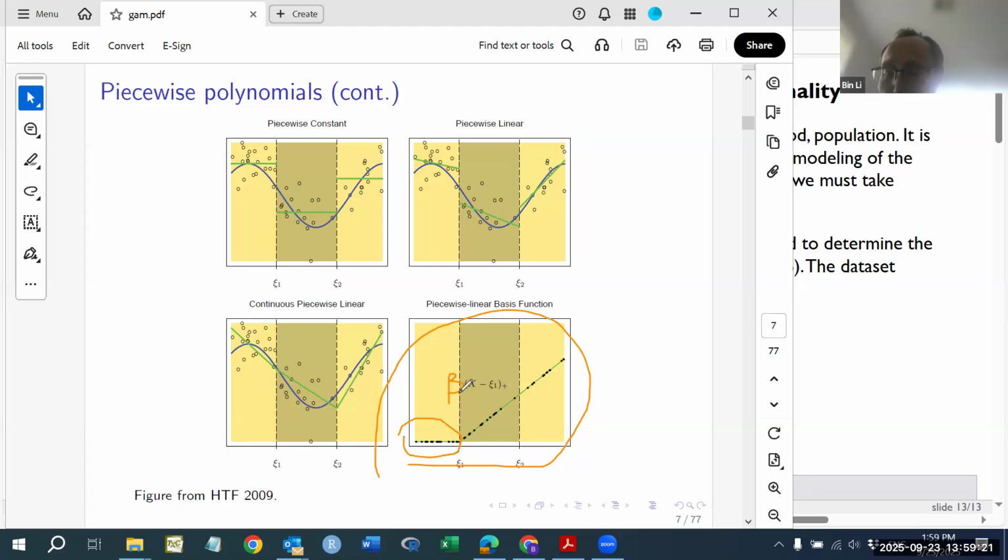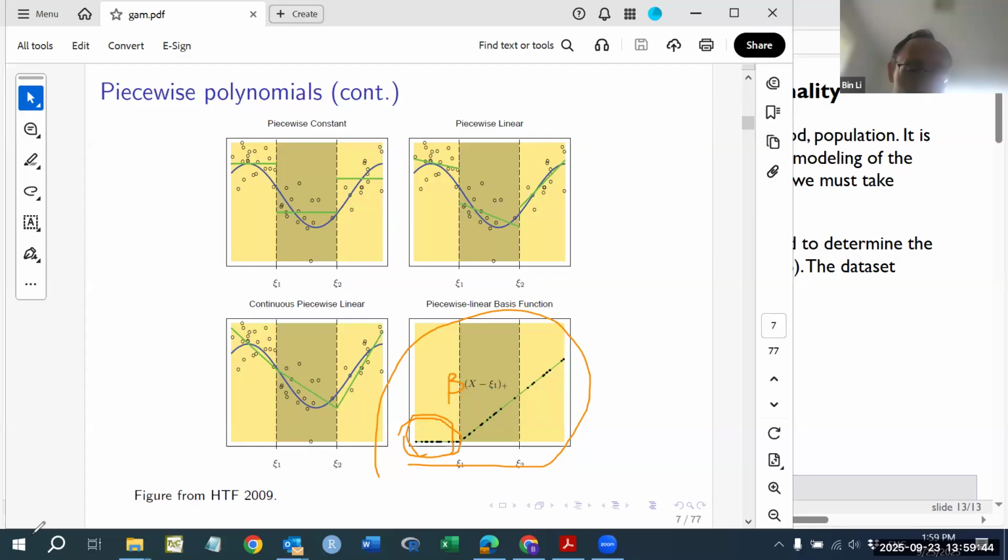No, it won't. It will only impact the observations where x is greater than C1. Because if it's less than C1, it's constant zero. There's no effect. You see that? So that's a local term.